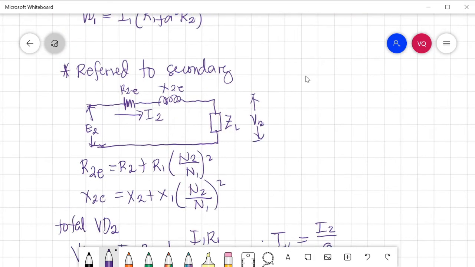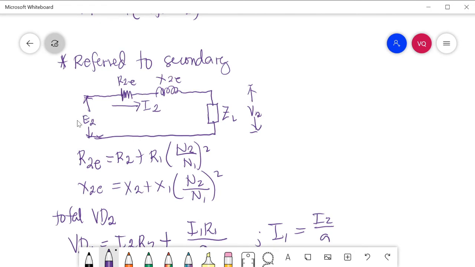Referred to secondary, so we have our induced voltage here as the main source of secondary transformer. So R2E is the secondary resistance equivalent, X2E is the equivalent reactance at secondary, and ZL the load impedance. This is our output voltage V2. So R2E is equal to R2 plus R1 multiplied by N2 over N1 squared.